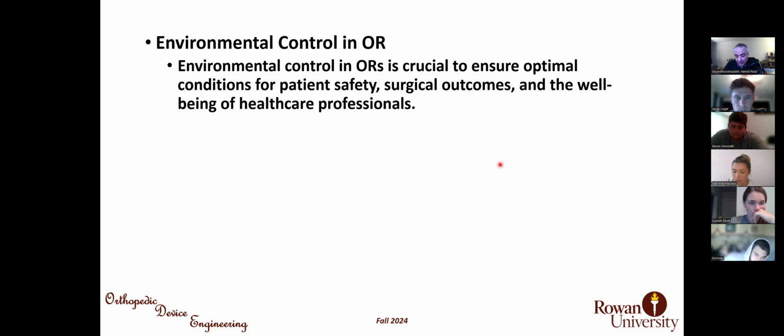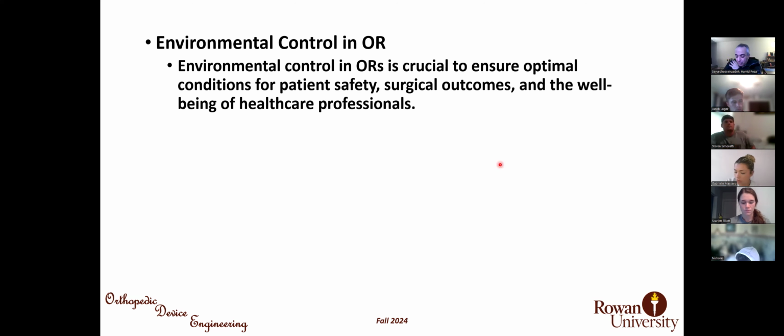Beside that, we open the skin during the surgery, and we expose the deeper tissues to the outside environment. This outside environment, which is the environment in the operating room, must have a condition that does not increase the risk of infection in these exposed tissues.